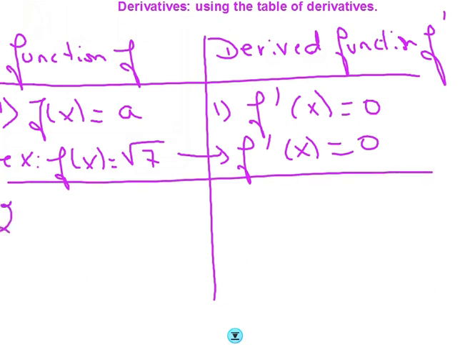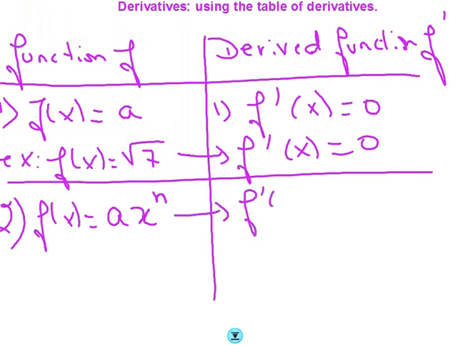The second rule is, if you have a function f of x equals a times x to the power n, where a is a real number and n is also any real number, its derivative is f prime of x equals a times n times x to the power n minus 1.